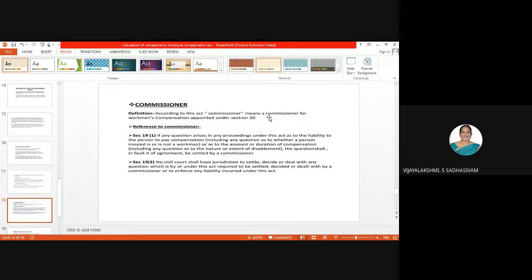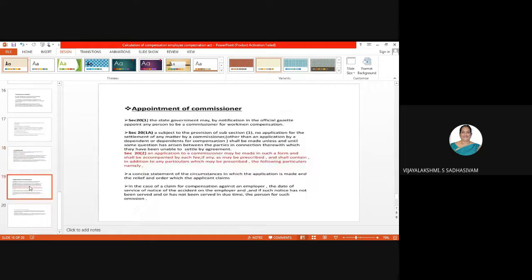Then section 19(2): no civil court shall have jurisdiction to settle, decide or deal with any question which is by or under this Act required to be settled. So when the commissioner has the power, no civil court can settle such an inquiry or question regarding the calculation of liability incurred under this particular section.